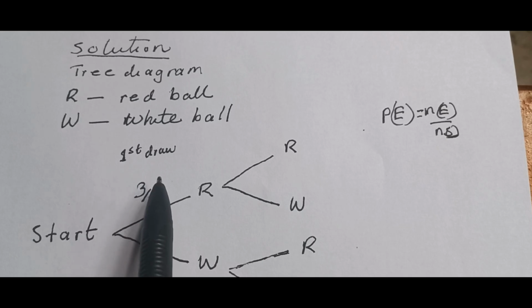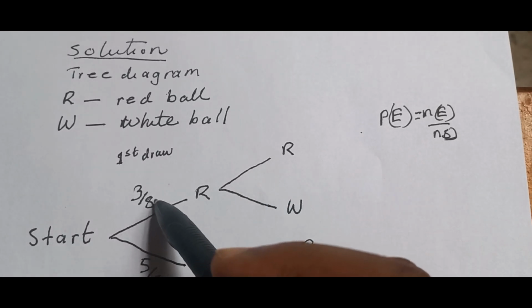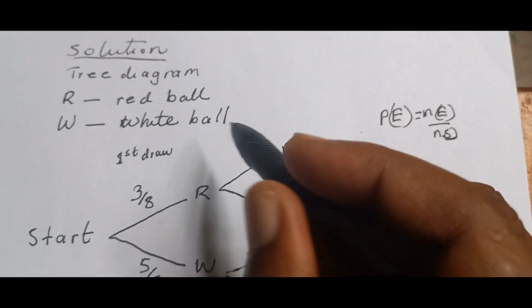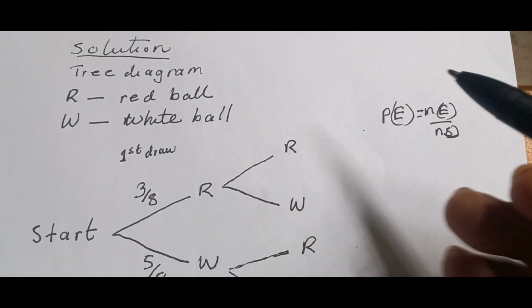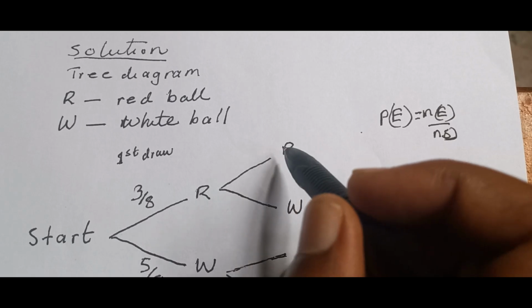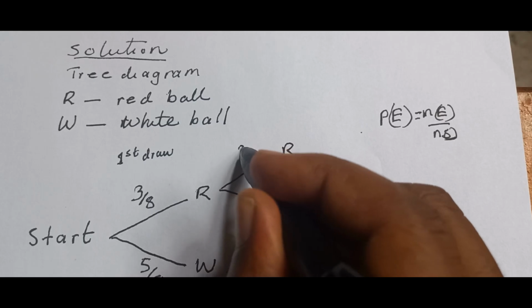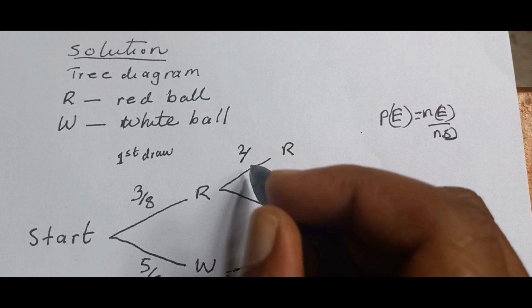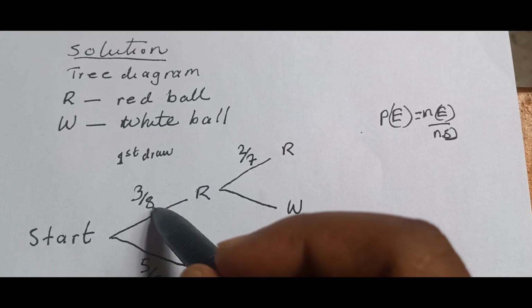It is 3 minus the first ball that we have drawn. Again, the total number of balls is not equal to 8 because already one ball is taken. So here the probability of drawing a second red ball equals the total number of red balls left in the box, which is 2, because we have already taken one ball, over the total number of balls left after we have drawn one ball, which is 7. That is 8 minus 1.